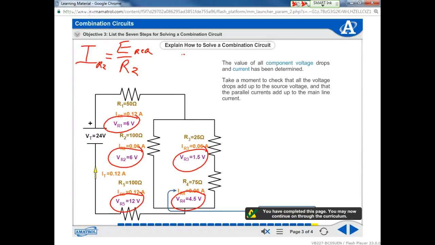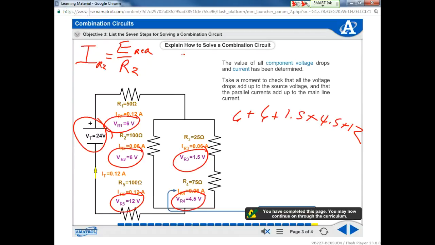What is 6 plus 1.5 plus 4.5 plus 12? 24. 24 volts using Kirchhoff's law, which tells me that the calculations were done correctly. If those don't add up, you start over or backtrack.